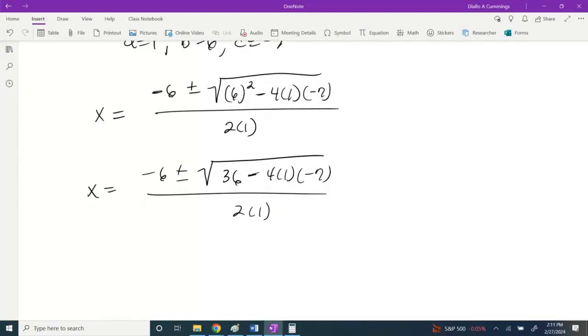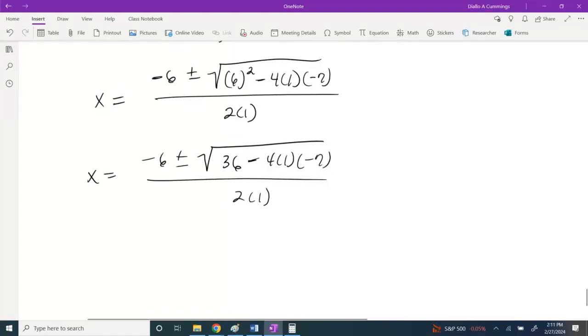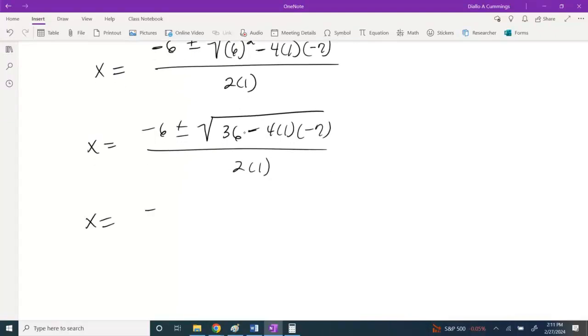So I've simplified my exponents. The next thing you want to do is multiply and divide, right? Please excuse my. So I want to multiply and divide whatever comes first from left to right. So I have -6 plus or minus the square root of 36.